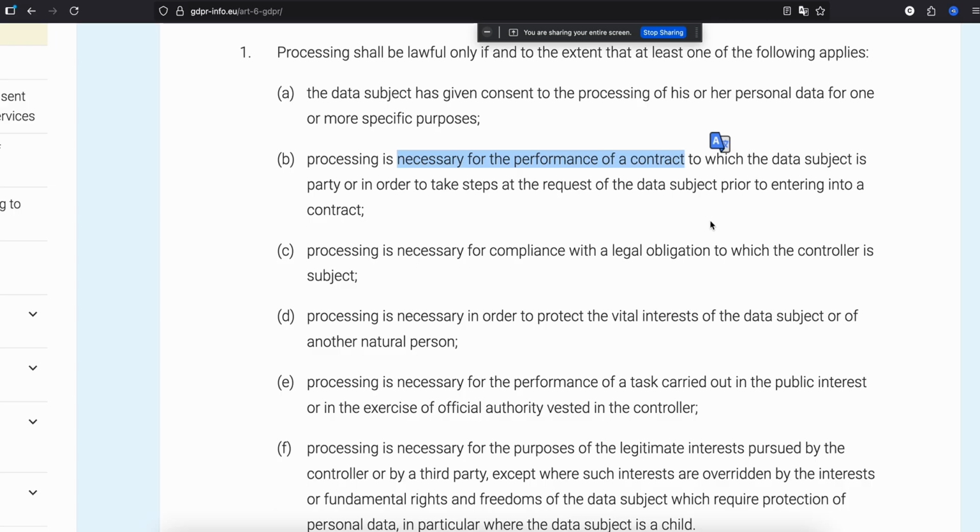Third, legal obligation. So what is legal obligation? Legal obligation means the government says you need to keep this data for at least 5 years. For tax data, every employer in the UK needs to keep the tax data of their employees for at least 5 years.